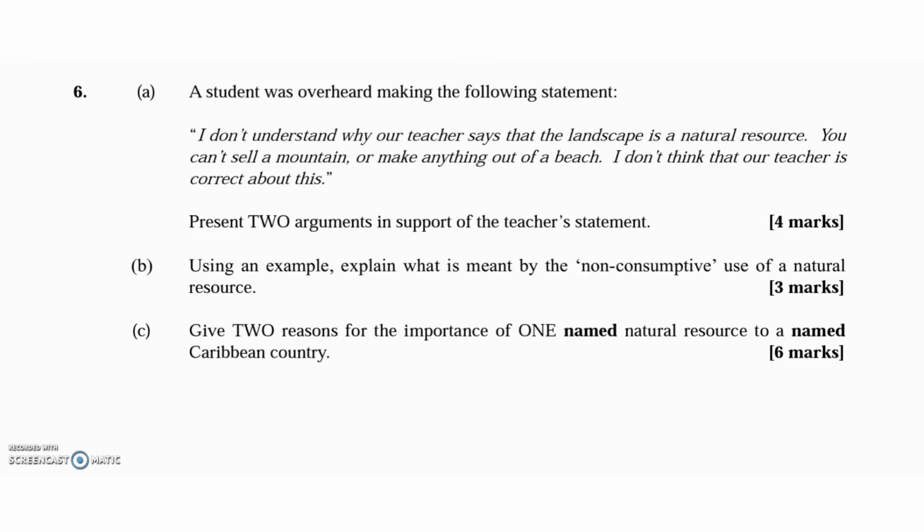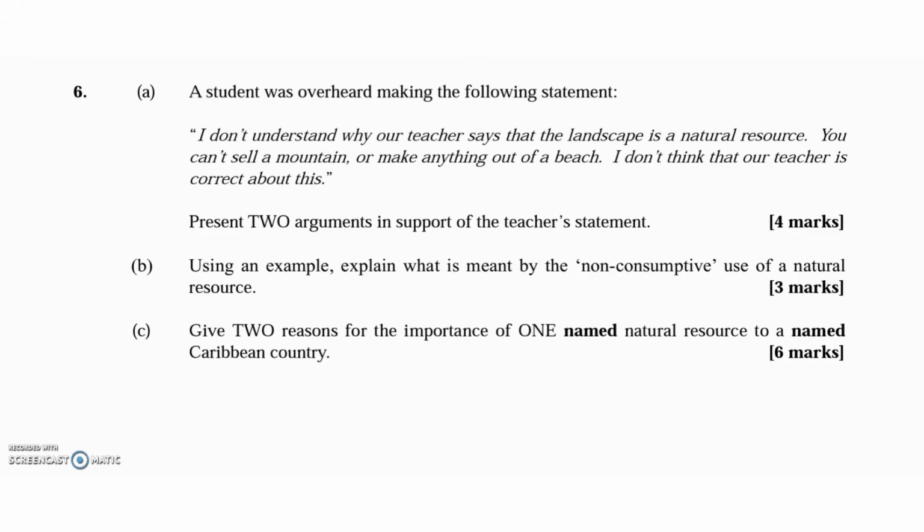They can be extracted and sold to different companies to be processed in the manufacture of new products. So you cannot sell a mountain, but you can sell constituents from it.